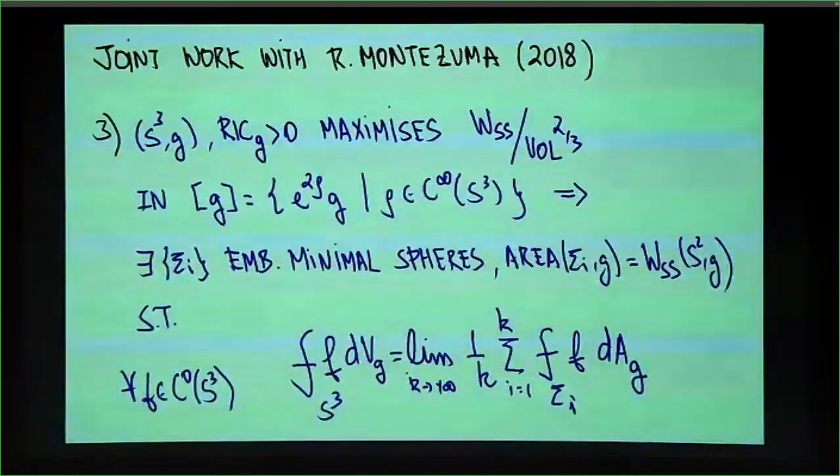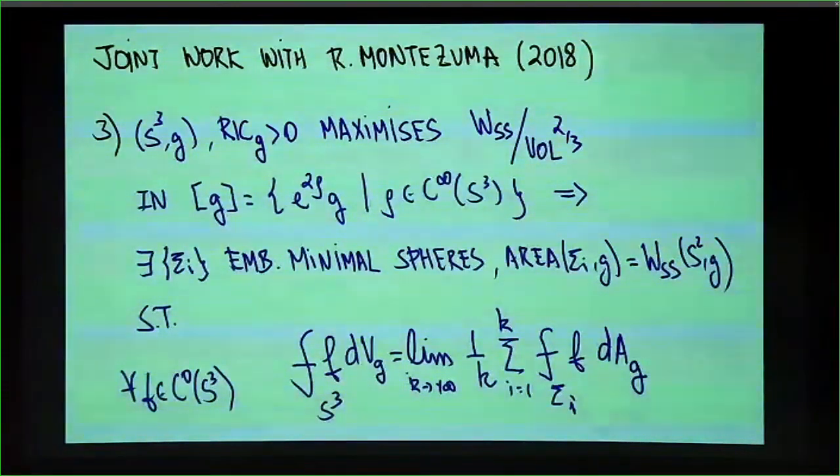So if you want to compute the average of a function on the whole three-dimensional sphere, this is the same as computing the average of this function on each one of those embedded minimal spheres of the sequence. You compute the average on each of the spheres. Then you compute the average of the first k numbers that you get, and then you compute the limit as k goes to infinity.